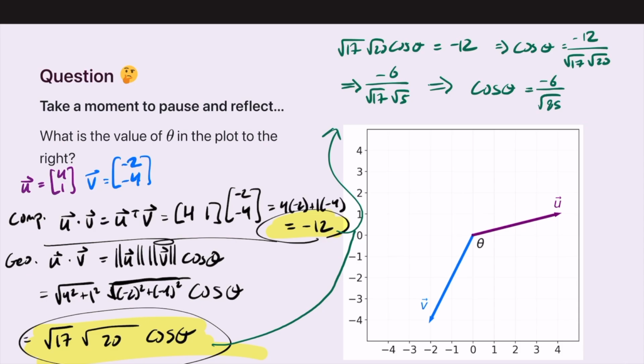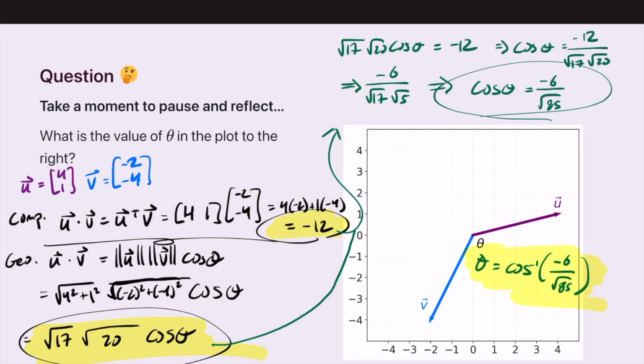And now we know that theta down here is equal to inverse cosine of -6 over square root of 85. All right, so that is our final answer for that.